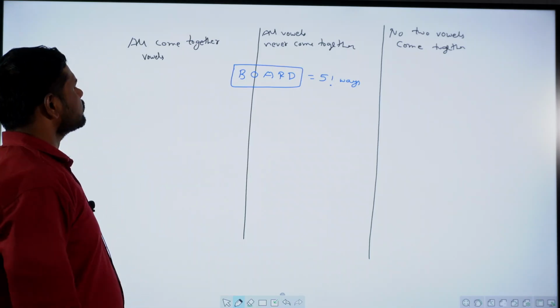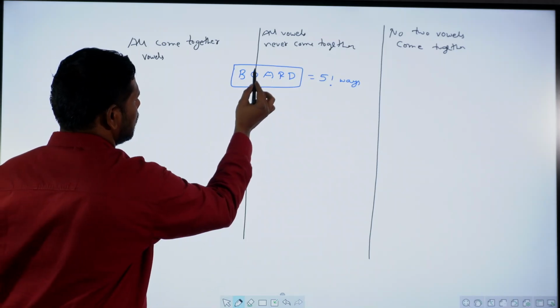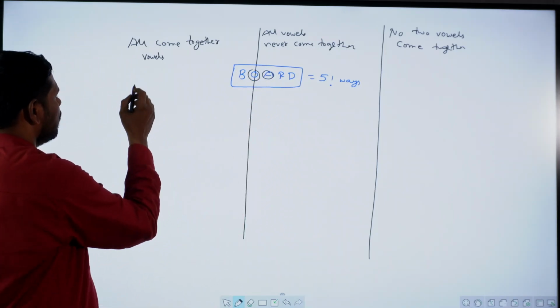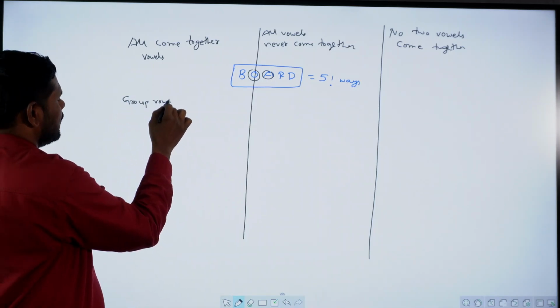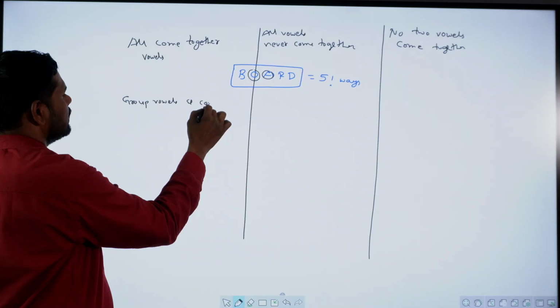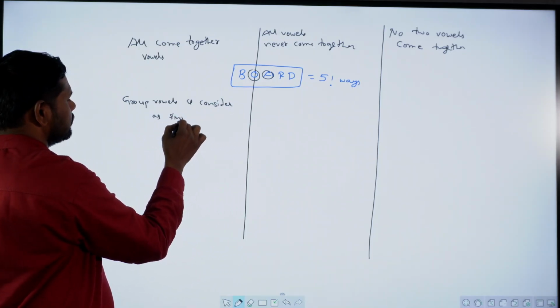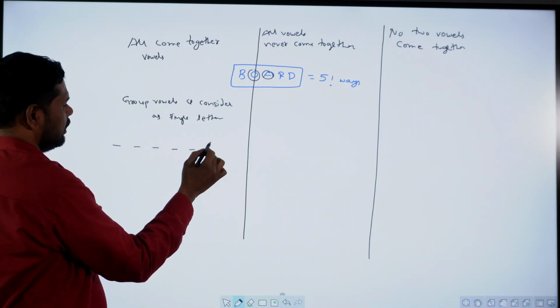Yes. Now, all vowels come together. In BOARD, the vowels are O and A. 2 vowels are there. First, all vowels come together means group the vowels and consider them as a single letter. Actually, 5 letters are there.